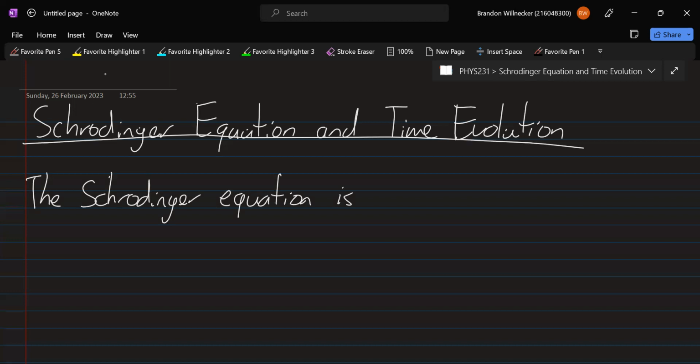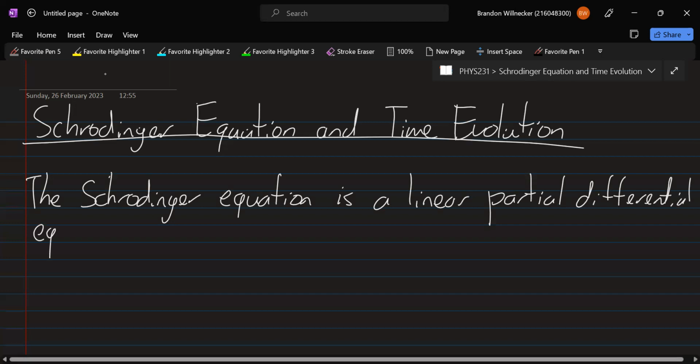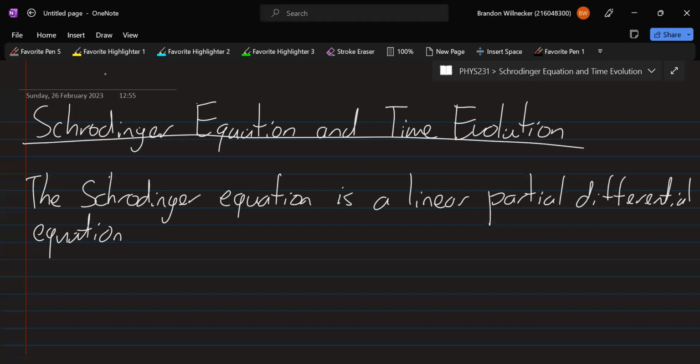So the Schrödinger equation is a linear partial differential equation. We'll get to what all that means shortly. That governs the wave function of the quantum mechanical system.